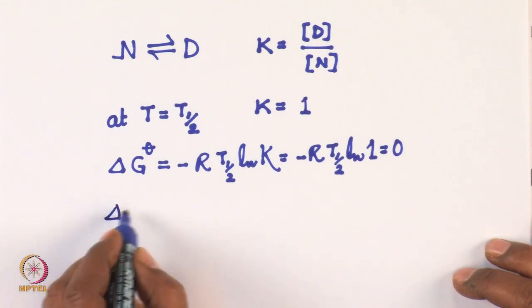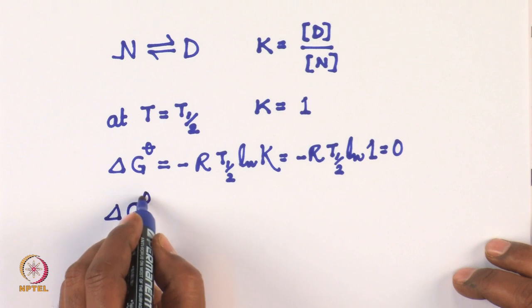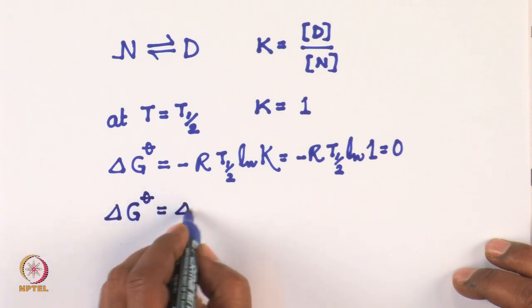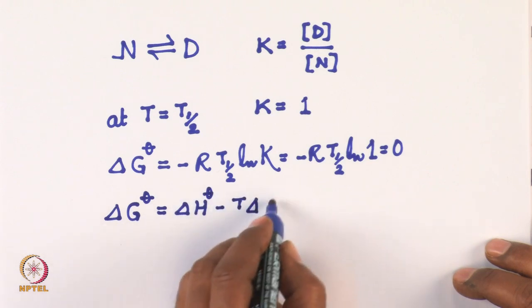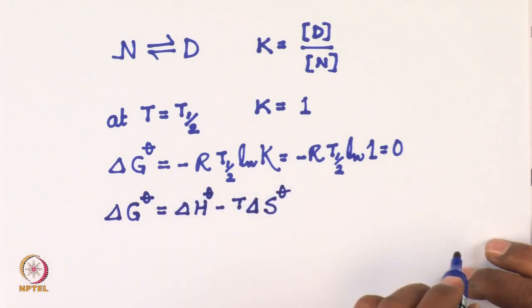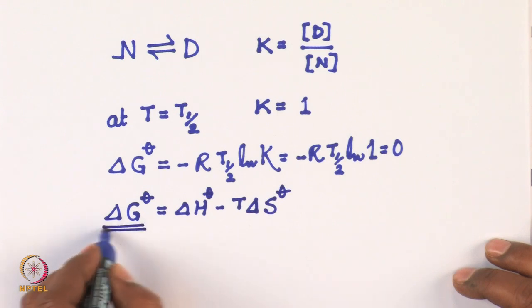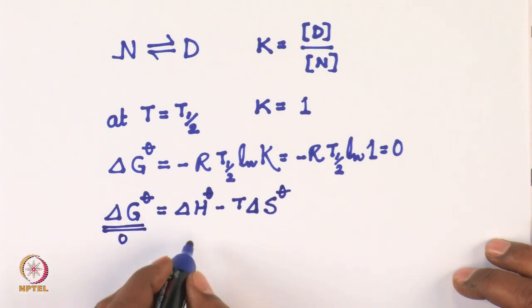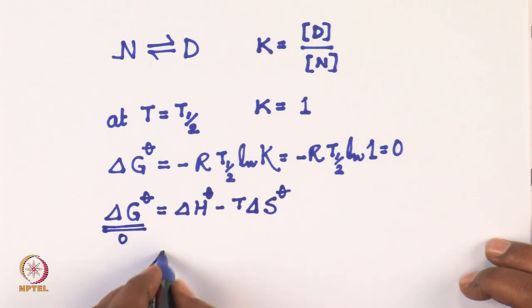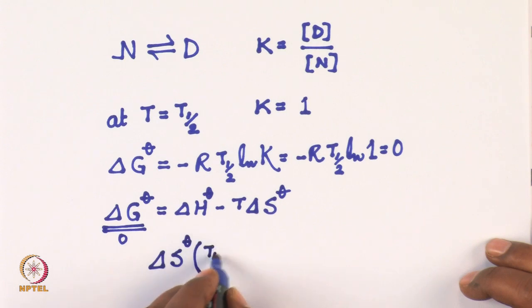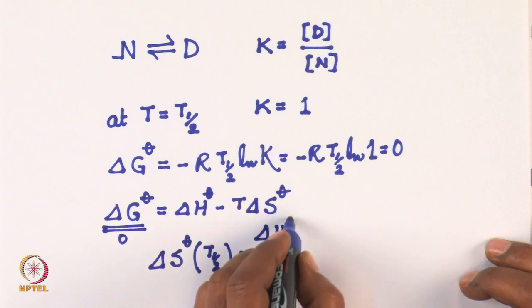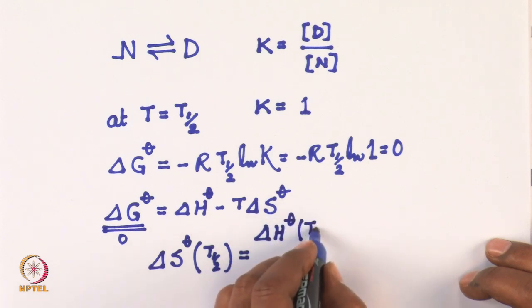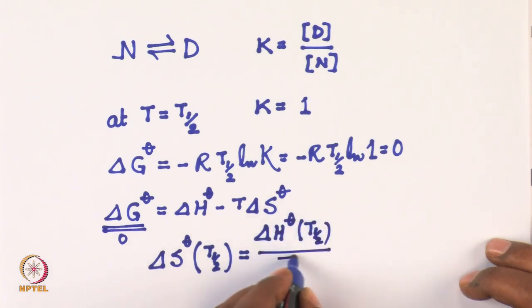And if I now use the expression delta G naught is equal to delta H naught minus T delta S naught, and since this is 0, I can write delta S naught at T half will be equal to delta H naught at T half divided by T half.